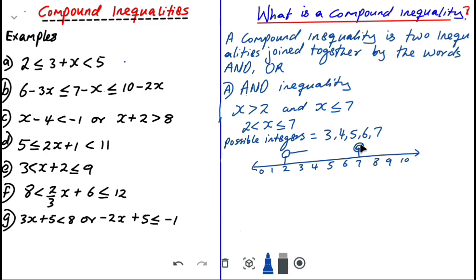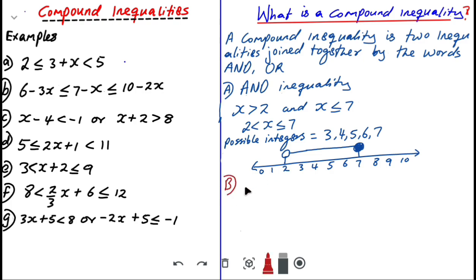So we are going to shade this because x is less than or equal to. Now, if we combine this line, the possible integers are going to be between the values 2 and 7. So using the number line, we can as well determine the possible integers of the inequalities involving the word and.